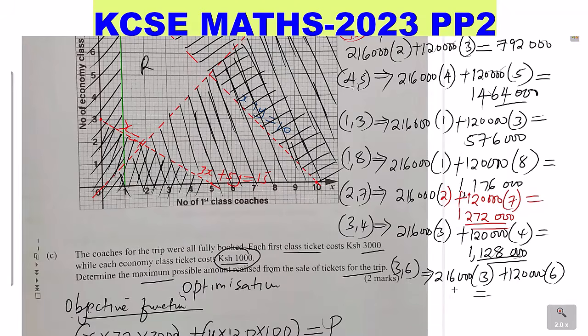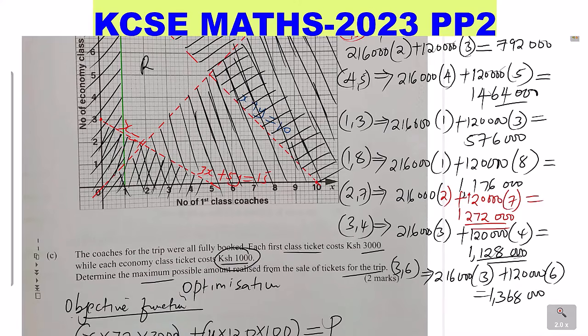And then for (3, 6), 216,000 times 3 plus 120,000 times 6 is going to give 1,368,000.